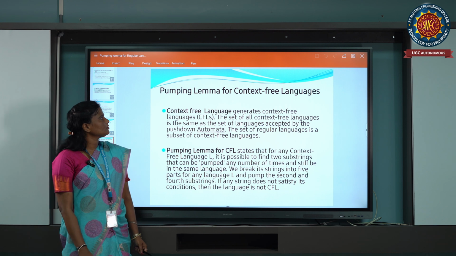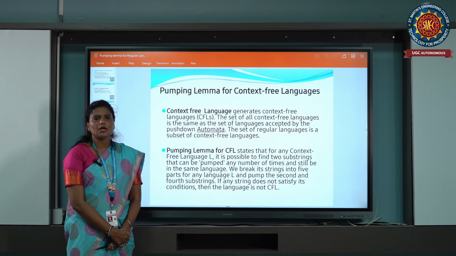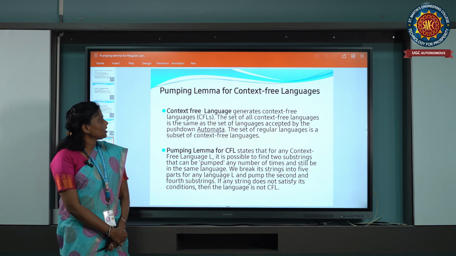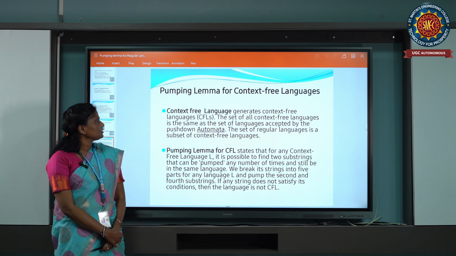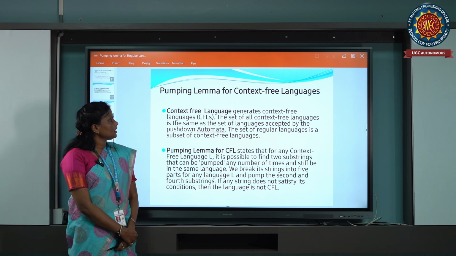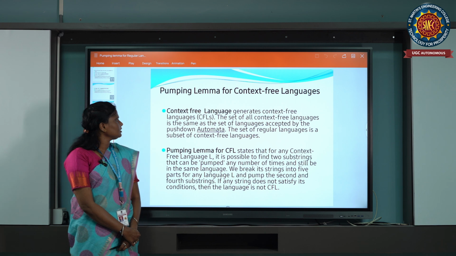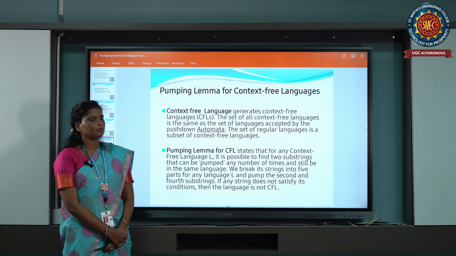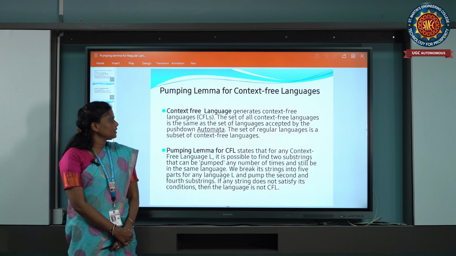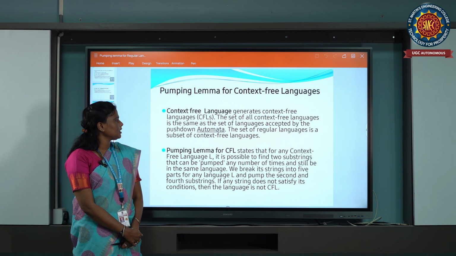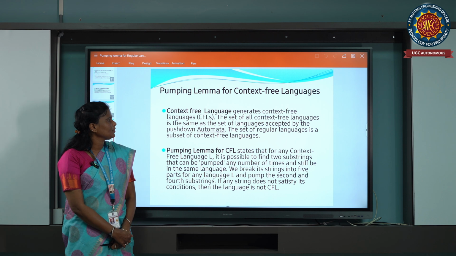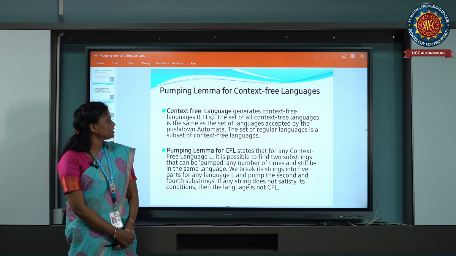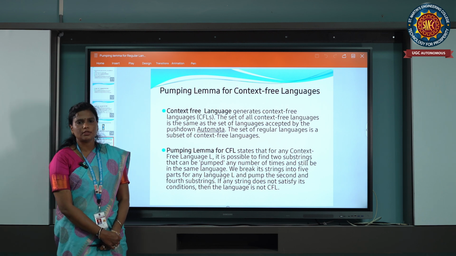Now we'll discuss the pumping lemma for the context-free language. Context-free grammars generate the context-free languages. The set of all context-free languages is the same set of languages accepted by pushdown automata. That means a context-free language is always accepted by a pushdown automaton. The set of regular languages is a subset of context-free languages.